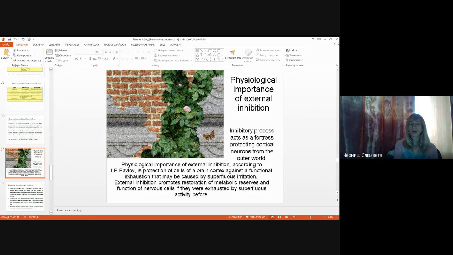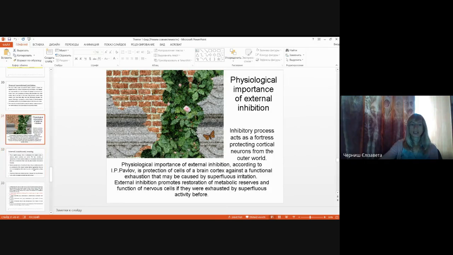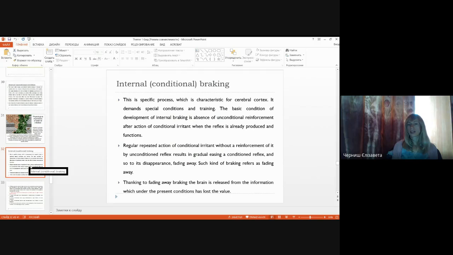So it is a type of influence that we have in our active life, and the basic condition for the development of internal braking is the absence of unconditional reinforcement after the action.